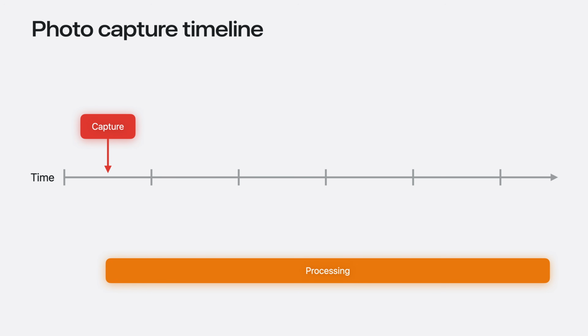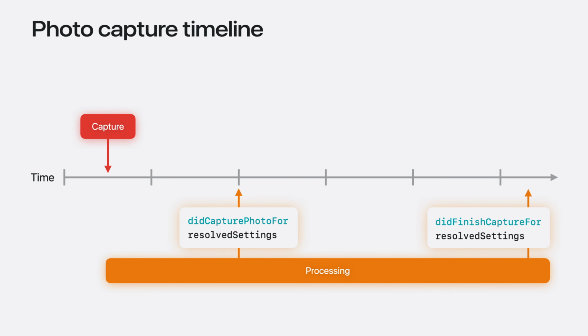AVCapturePhotoCaptureDelegate receives notifications throughout this process. For example, didCapturePhoto for resolvedSettings and didFinishCapture for resolvedSettings keep the app up to date as processing continues. Processing can take a different amount of time based on selected photo quality prioritization.